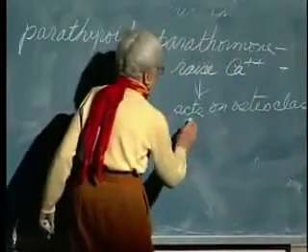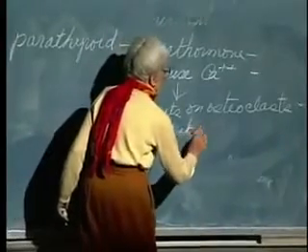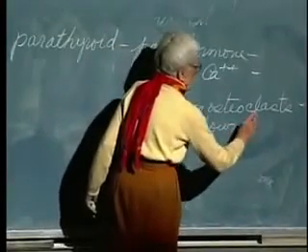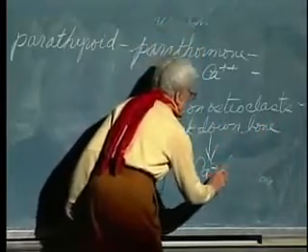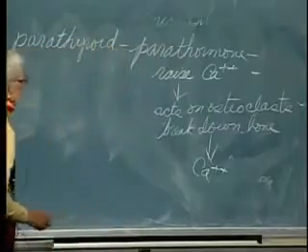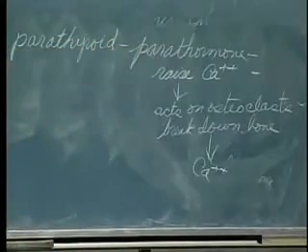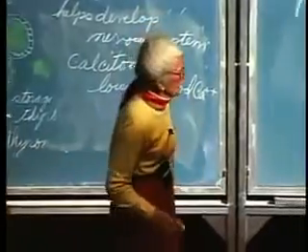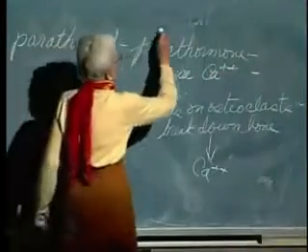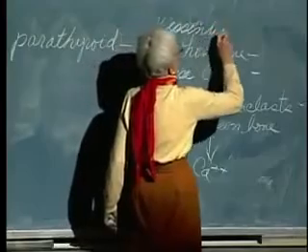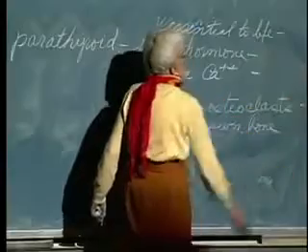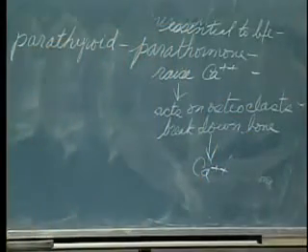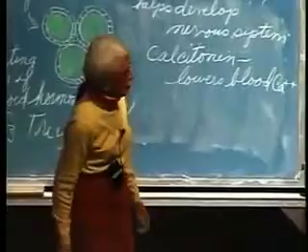Which break down the bone and liberate calcium. Parathormone is essential to life. You can get severe neuromuscular problems without the parathormone.